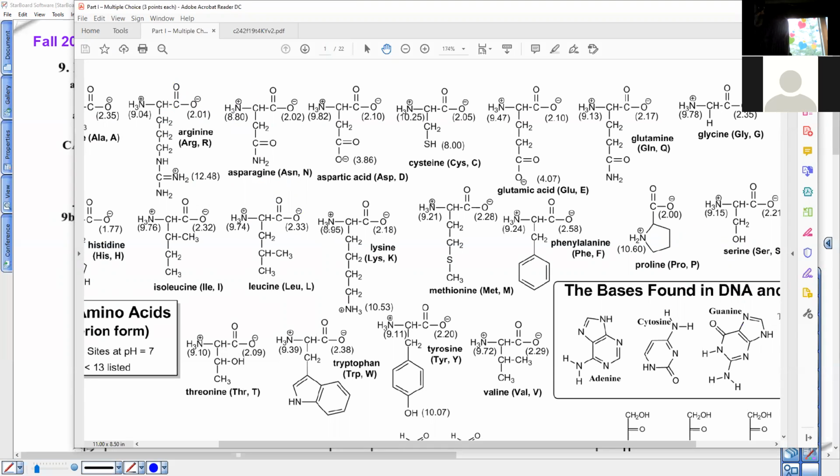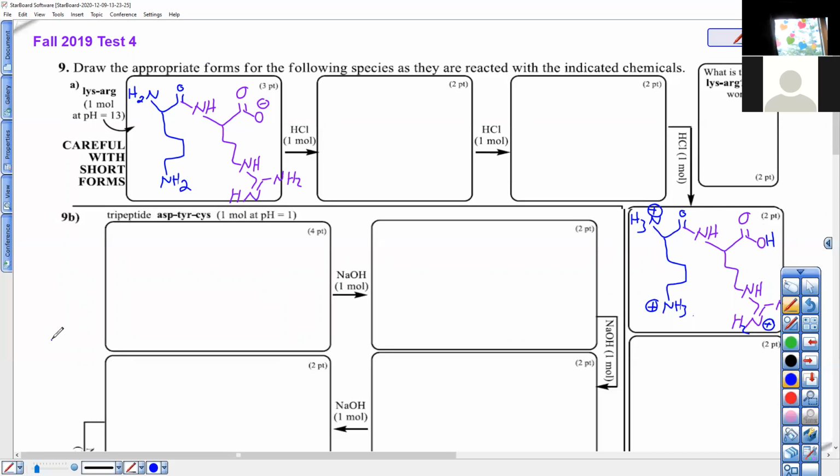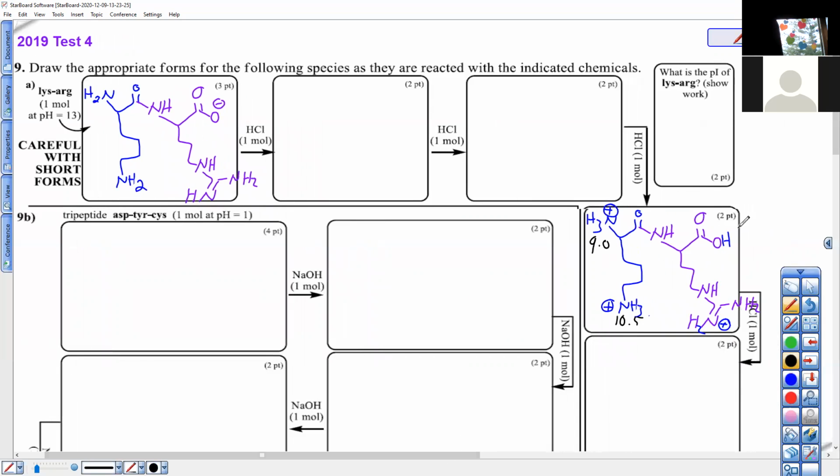So I'm going to make that 9.0 for the alpha and 10.5 for the side chain. 9.0 and 10.5. Remember that. And I believe this is 12.5 for arg, but we're going to verify that. And I don't know what the other one is. It's somewhere near 2.